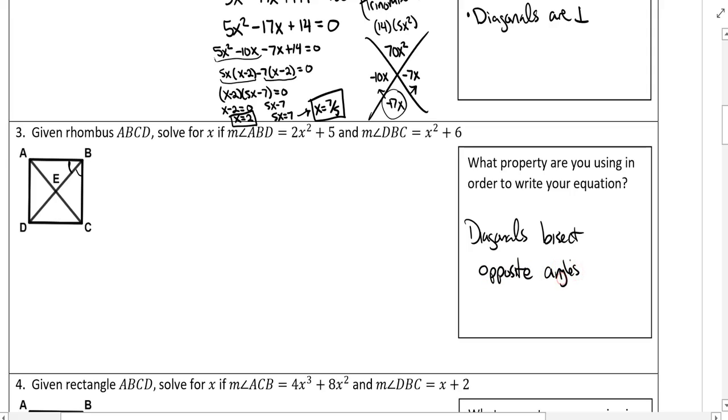That's true for a rhombus. Not true for any shape, but that's true for a rhombus, and we know this is a rhombus. So we have that the measure of angle ABD is equal to the measure of angle DBC.